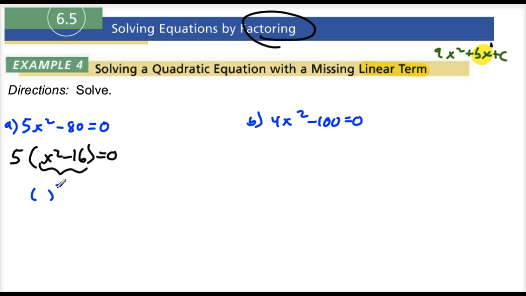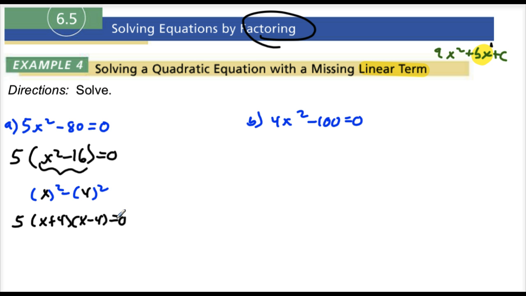What squared minus what squared? Well, x squared is x squared, and 4 squared is 16. So to factor this, it's simply x plus 4, x minus 4, still equals 0. But don't forget about the 5.